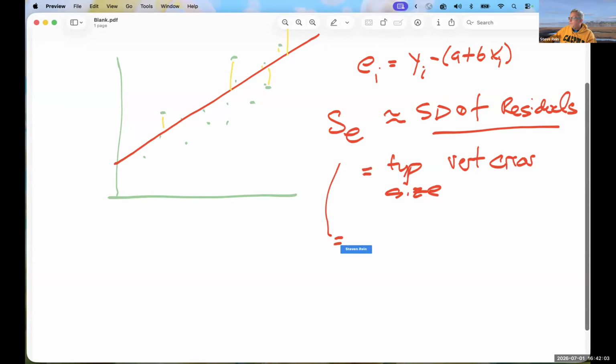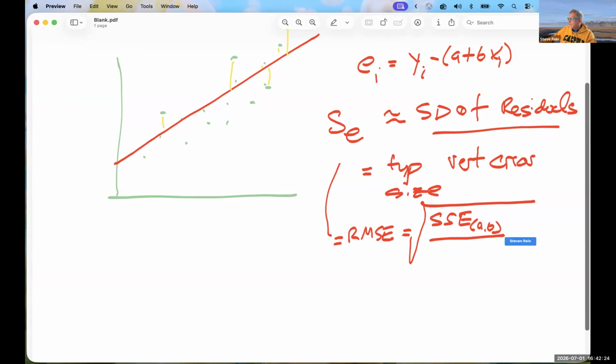And that is equal to a number that statisticians like to sometimes call RMSE, for root mean square error, which means it's the sum of the squared errors, for the intercept and slope that are the best possible, so the lowest possible SSE, sum of squared errors, over n minus 2.